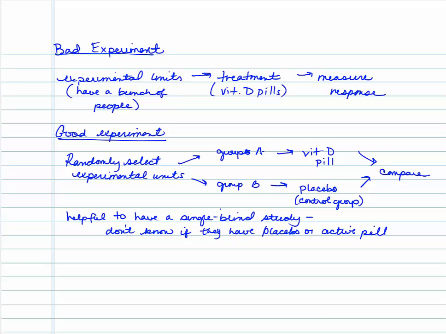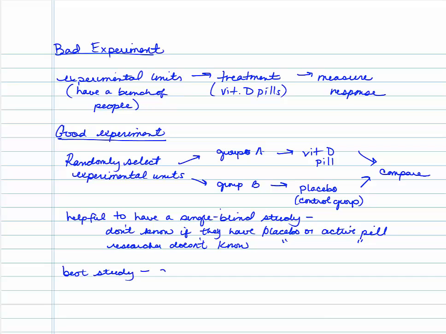Another single blind study is if the researcher doesn't know. So it doesn't actually have to be the participant, it could actually be the researcher who doesn't know if the person's getting a placebo or an active pill. When both don't know, that's the best study.